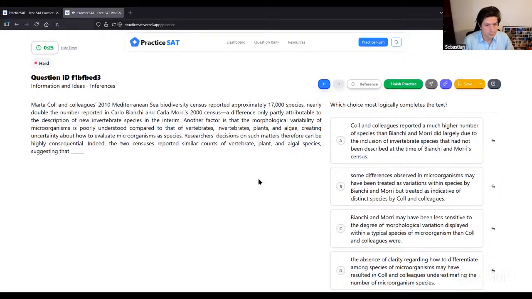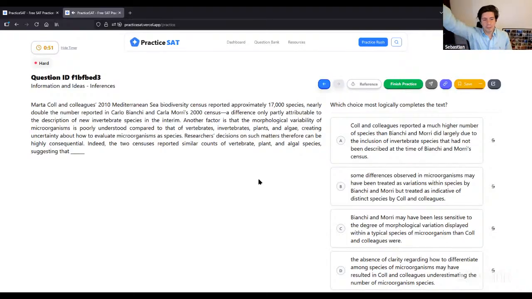Another factor is that the morphological variability of microorganisms is poorly understood compared to that of vertebrates, invertebrates, plants, and algae, creating uncertainty about how to evaluate microorganisms as species. Researchers' decisions on such matters, therefore, can be highly consequential. Indeed, the two censuses reported similar counts of vertebrate, plant, and algae species, suggesting that.